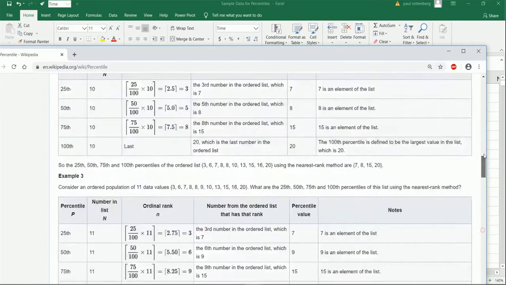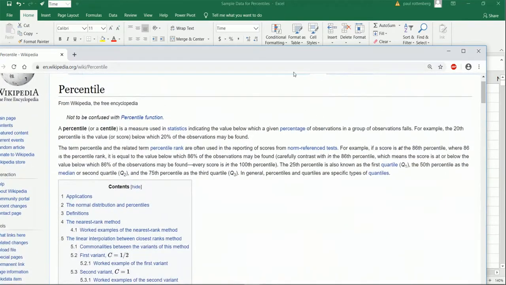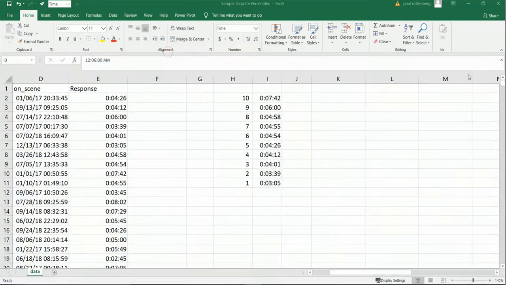But the thing to focus on is the very beginning here with the definition, because the definition says essentially that the 90th percentile in this data set would be the value below which 90% of the data falls. So the value under which 90% of the data falls is actually the value associated with rank order 10.